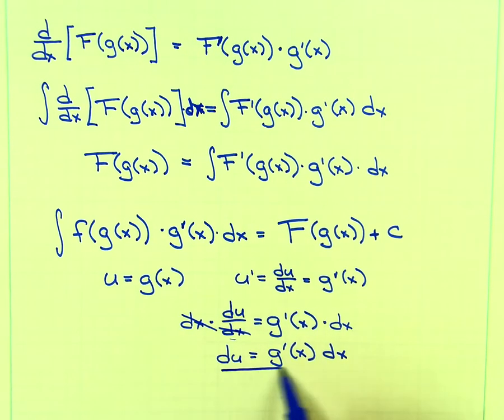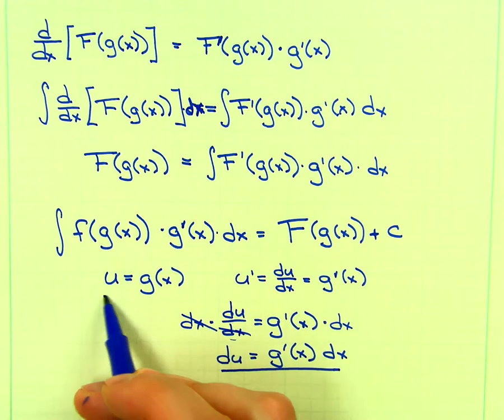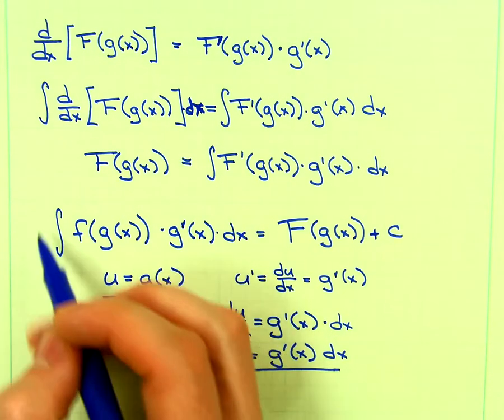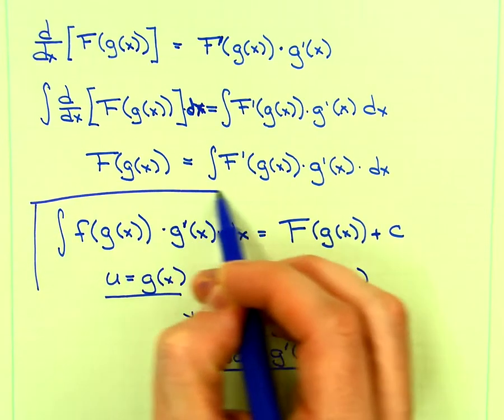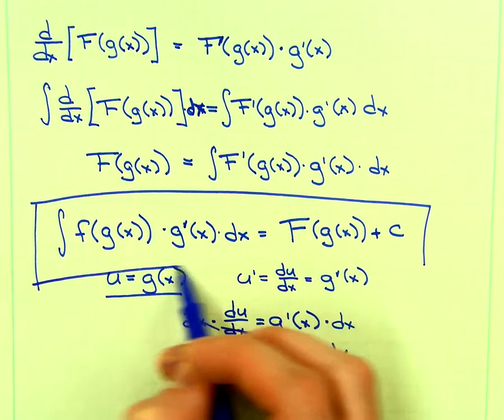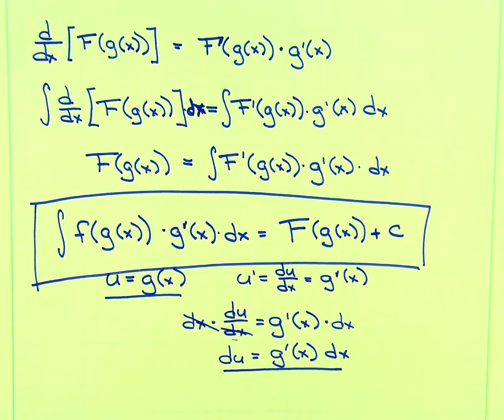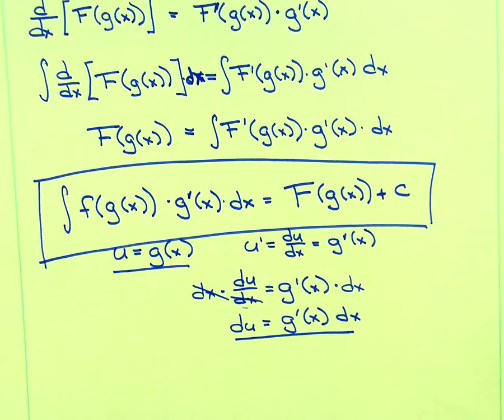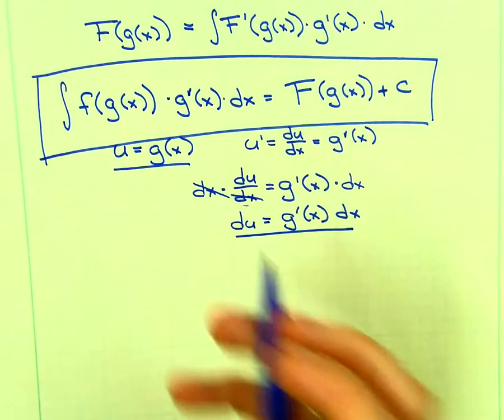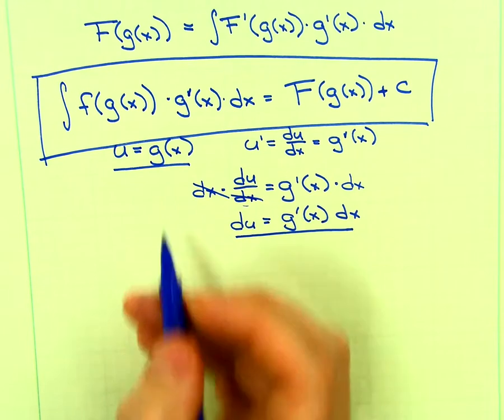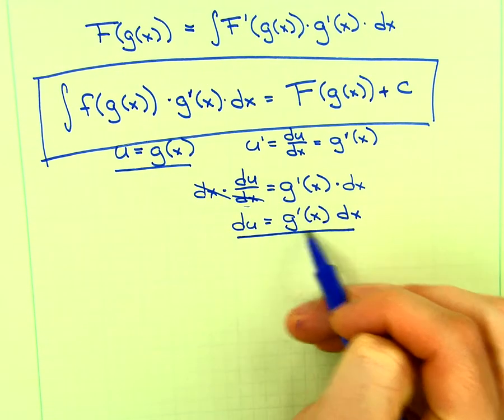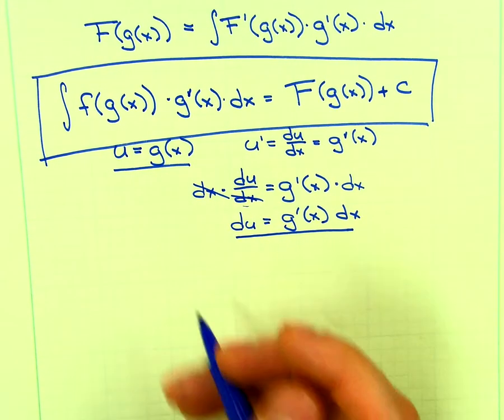So powered with this, I can rewrite this function right here so that it makes a lot more sense and is quite a bit simpler. Okay, so let me just go ahead and do that. Anywhere I see a g of x, I'm going to replace it with a u. And anywhere I see a g prime of x dx, I'm going to replace it with a du.